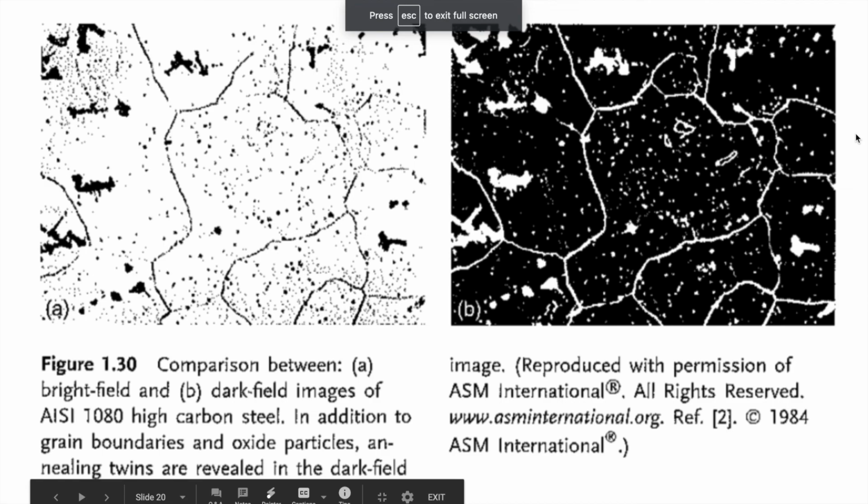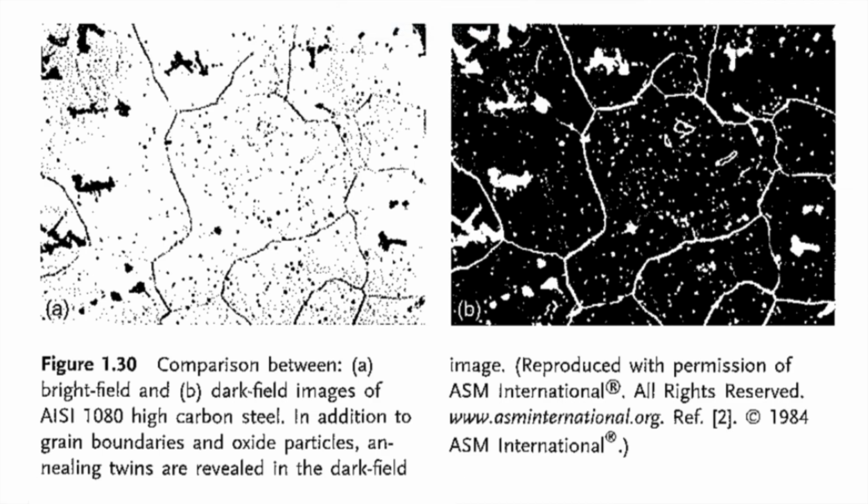All right. So these two images show you the differences between bright field and dark field and what you might expect. So we talked about the contrast generated from etching, and so those lines represent the grain boundary, and they're dark because that light is scattered and doesn't reach the objective, right?